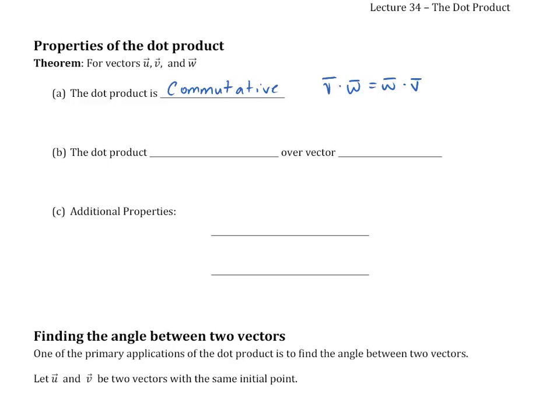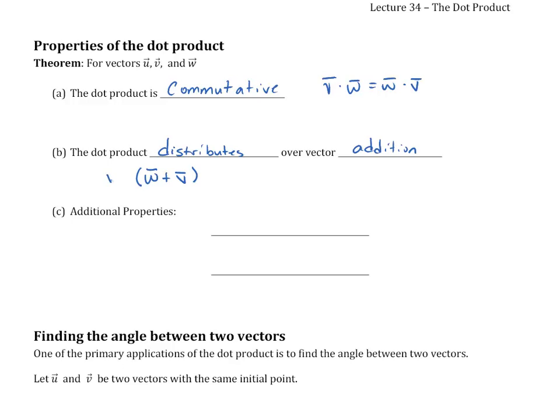Secondly, not that we've observed this, but it is definitely true, the dot product distributes over vector addition. What I mean by that is it acts exactly as you would expect multiplication to act. If I were to have two vectors added together, say w plus v, that sum is a vector.